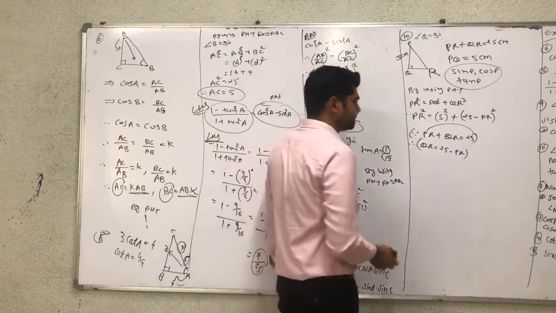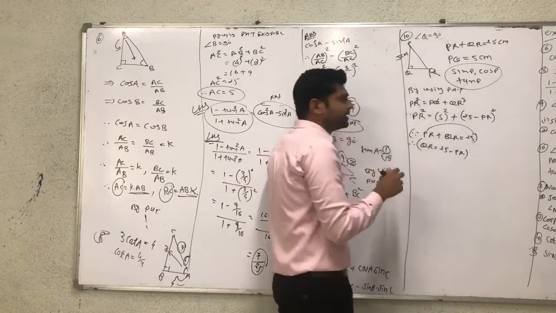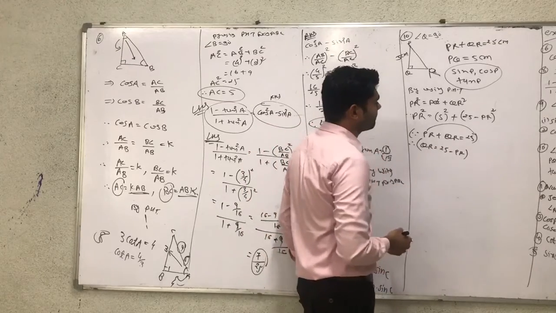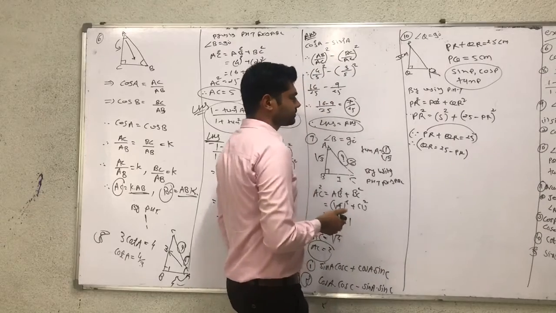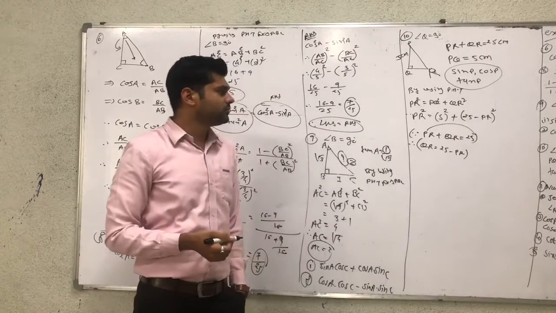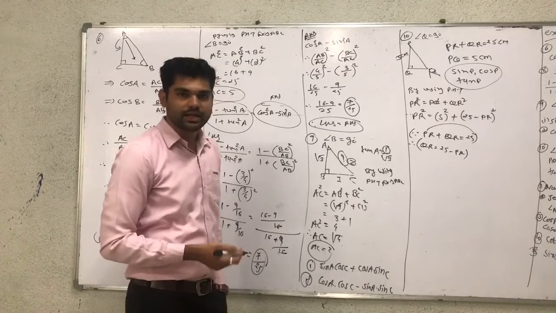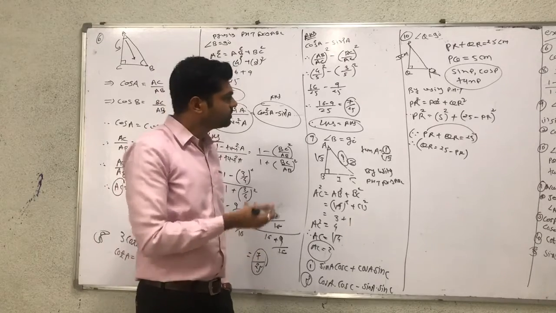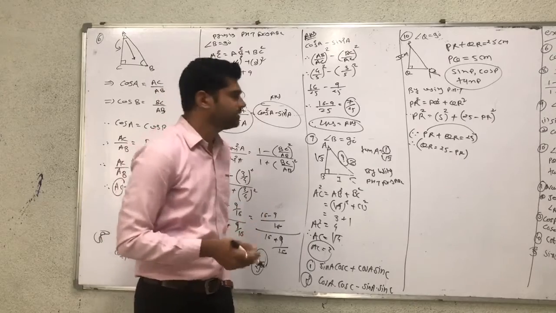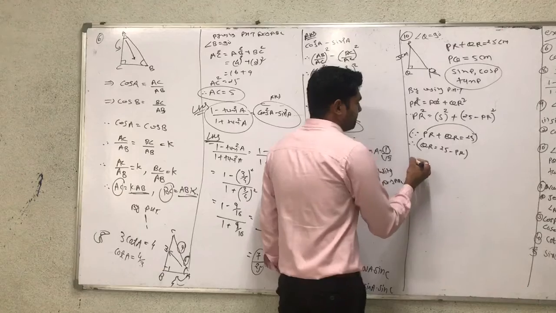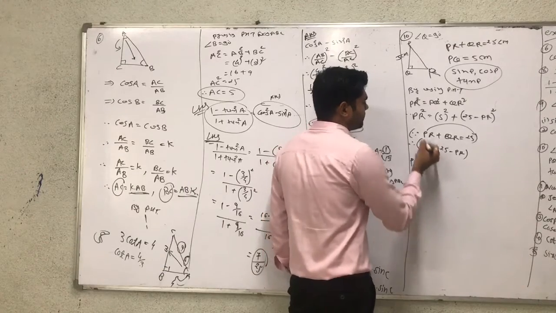Another equation can also be created: QR is equal to 25 minus PR, and PR is equal to 25 minus QR.